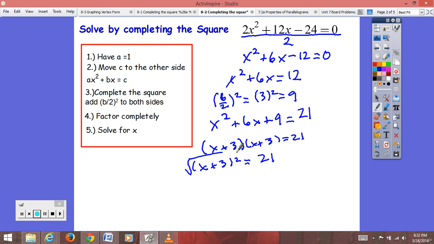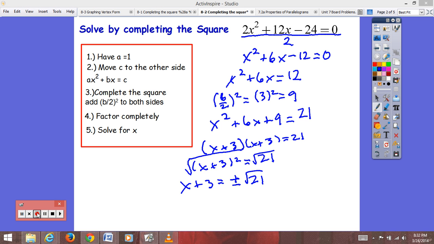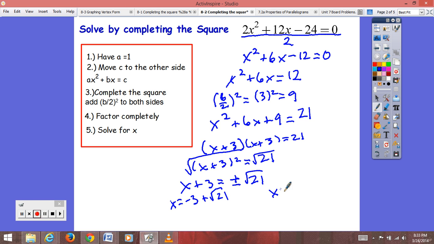Take the square root of both sides. That leaves us with x plus 3 equal to the positive or negative square root of 21. Because we have that plus or minus, we're going to have two answers: x equals negative 3 plus the square root of 21, and x equals negative 3 minus the square root of 21.